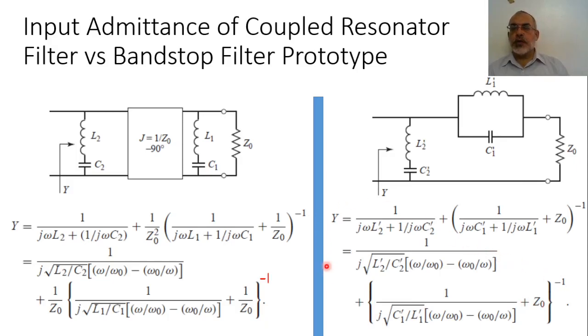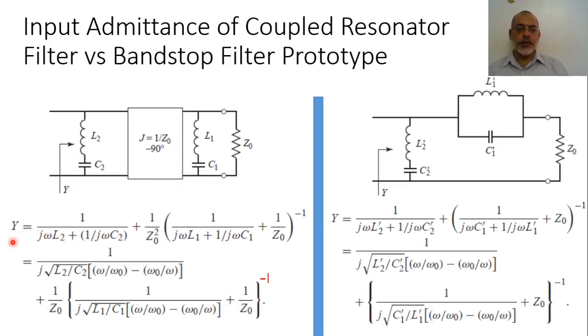So this is the input admittance of the filter prototype of the band stop filter, and this is the input admittance of the coupled resonator structure composed of open circuit resonators connected by a transmission line section of length lambda over 4.